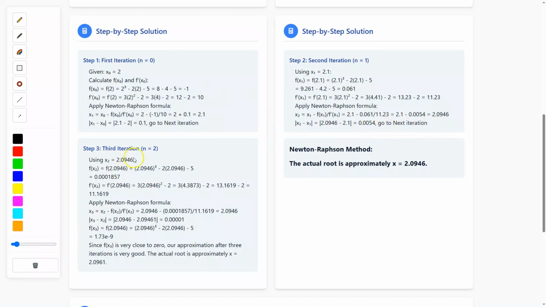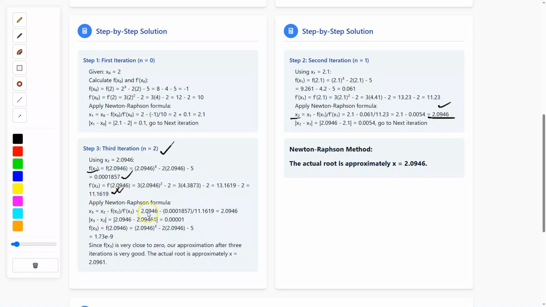Now iteration 3. The x2 we got is 2.0946, and based on x2 we calculate the next iteration. f(x2) is 0.001857, and f'(x2) is 11.1619.